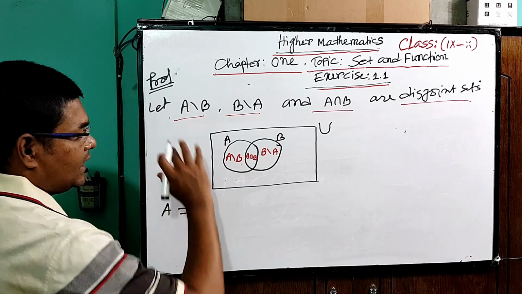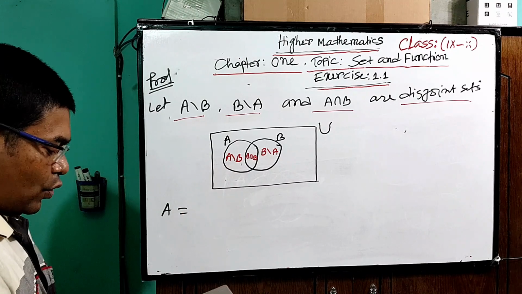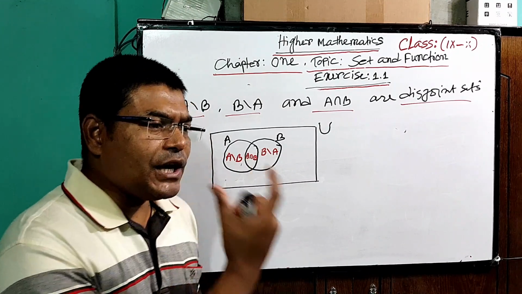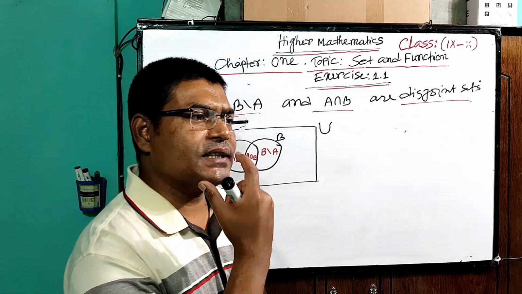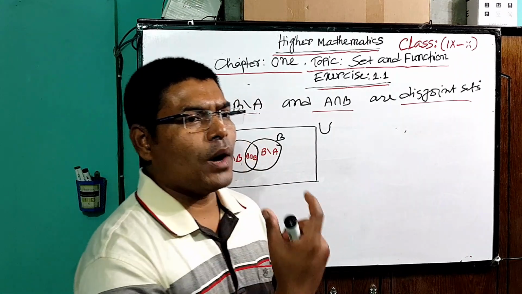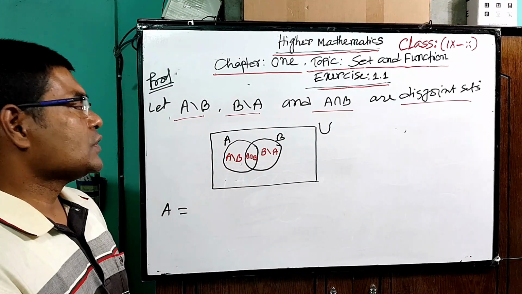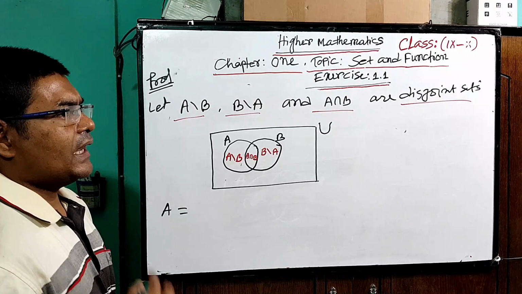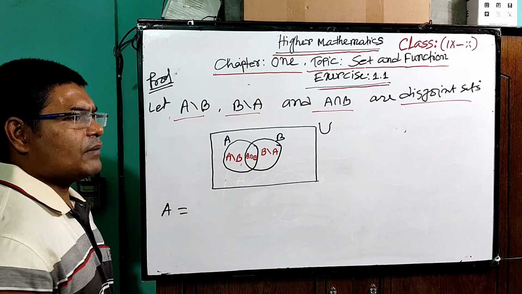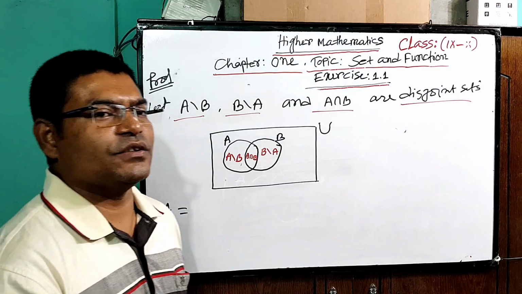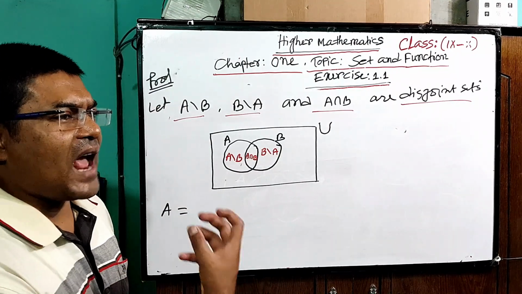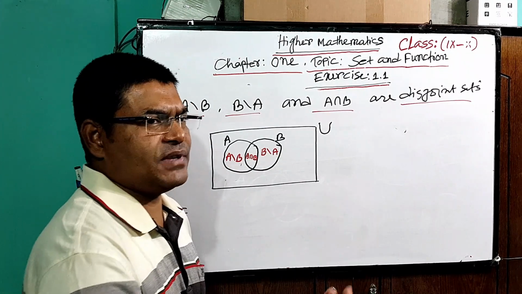You can see in the figure, we know the union means common and uncommon both. So union is like a conjunction, like 'and' or 'but', this type of thing.